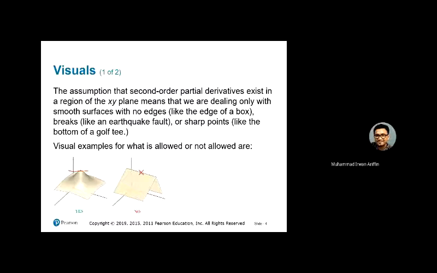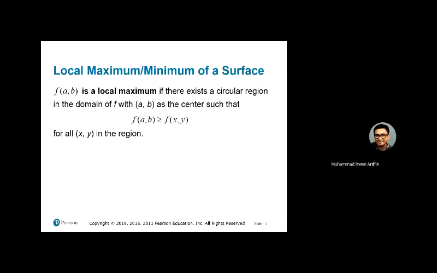That's why we rule out any function where the second order partial derivatives do not exist. We avoid sharp points and breaks, and we only deal with smooth surfaces with no edges, no sharp points, and no breaks.